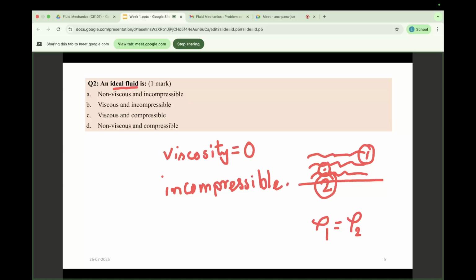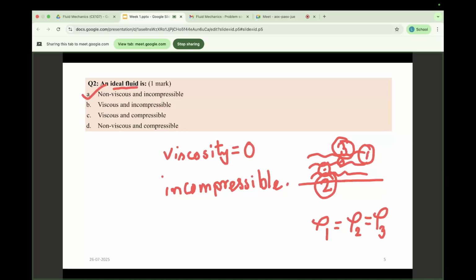Say another point is here, this is 3. Then the density at 3 should also be the same. So for an ideal fluid it should be non-viscous and incompressible.